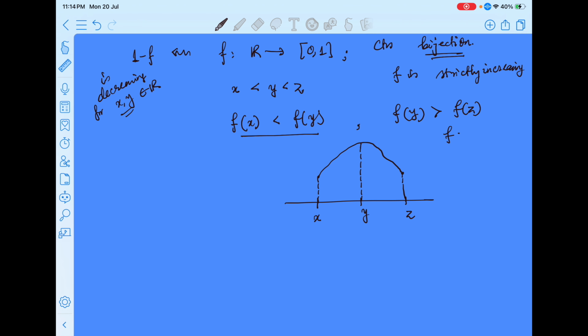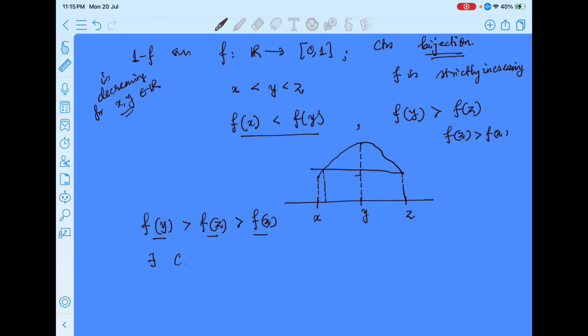Here we assume that f(z) is strictly bigger than f(x). So f(z) lies between f(x) and f(y).